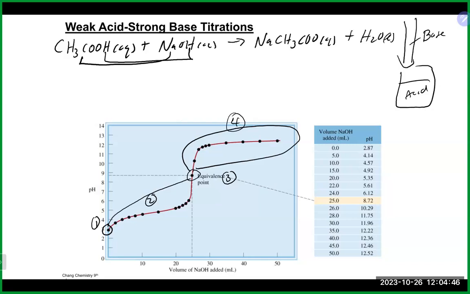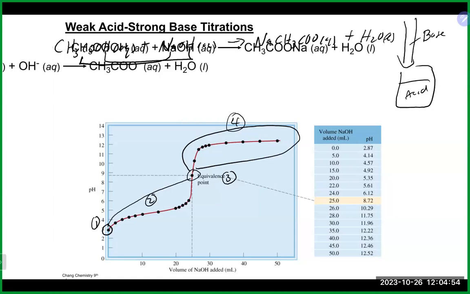Like we did on the previous one, we'll talk about what happens at each part. Let's start with the first part, before we start the titration.